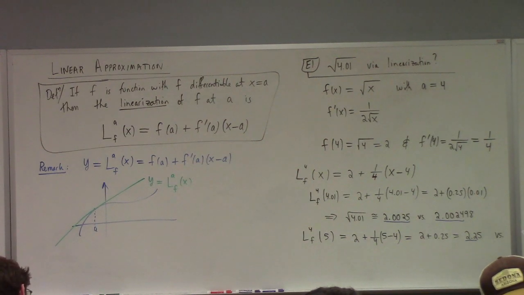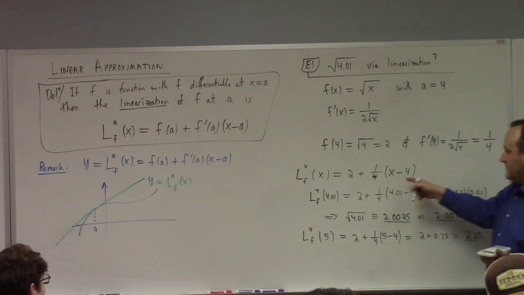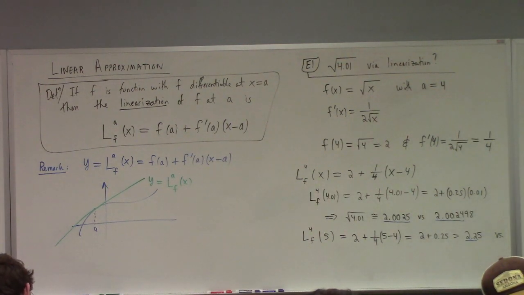So the linearization at 9 would be 2 plus 1/4. I'm always just going back to this formula here, guys. 2 plus 1/4 of 9 minus 4, which of course is 2 plus 1/4 of 5. So we get 3.25 versus the actual answer, which of course is 3, right?